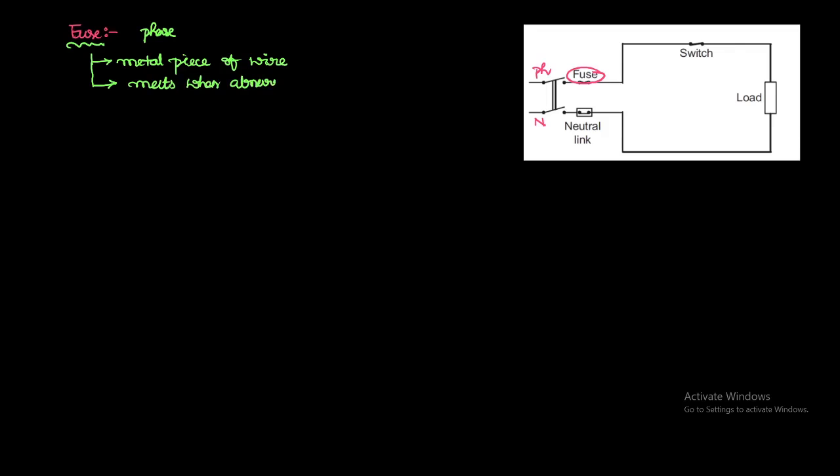Due to that, the entire device connected after this fuse is disconnected. So this is called the fuse element. A metal piece of wire which melts under the abnormal condition, we call it the fuse element.